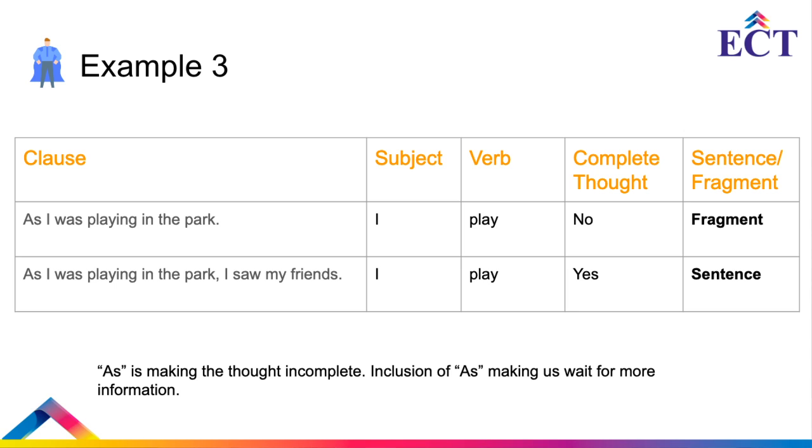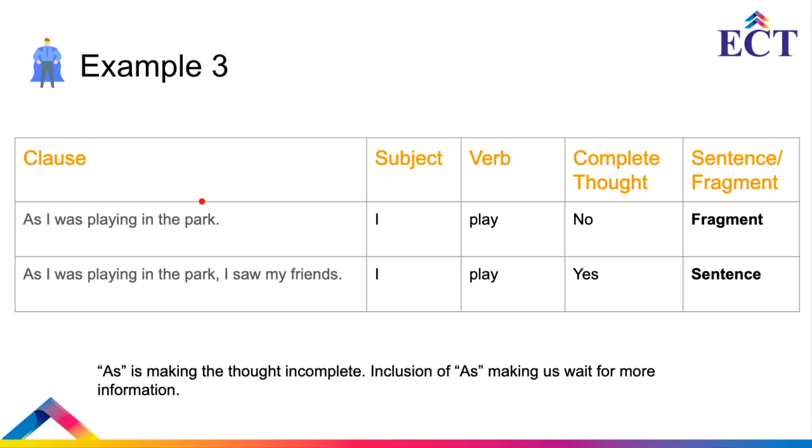The subject is there, I is the subject, play is the verb, but is it conveying a complete meaning? It is not, simply because we are putting this as. The moment you put as, it seems that you are waiting for some more information because you have not completed your sentence or your thought. And therefore, this does not have a complete thought, and we say that this is a fragment. This is not a sentence.